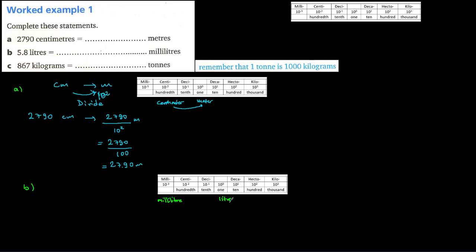From this unit to this side, this time from a bigger unit to a smaller unit, so we are going to multiply. First we should remember that. And what is the difference between them? 10 to the power of 3, I'm sorry, 10 to the power of minus 3. So there is a difference of 10 to the power of 3 between them.